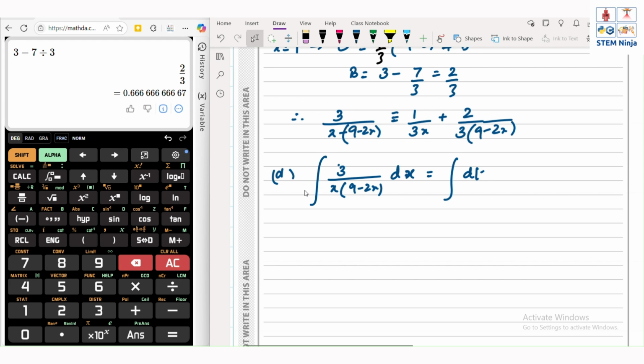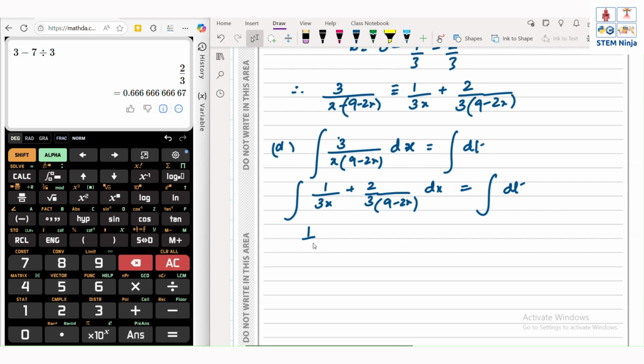So this is what we are integrating. We just did the partial fractions of this. So this would be integrating 1 over 3x plus 2 over 3(9 minus 2x) dx equals dt.